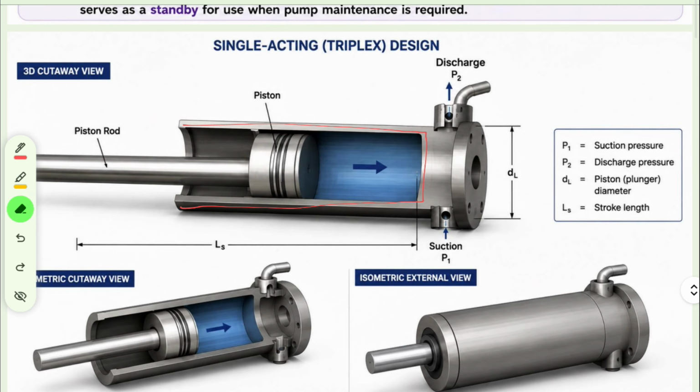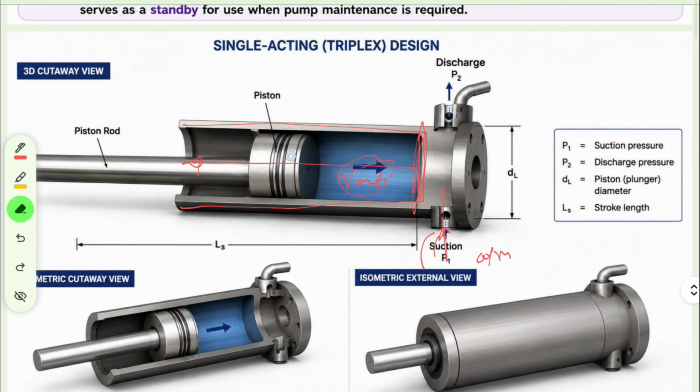When this piston, at this position I'm talking about here, is moving backward, what will happen is, due to the difference in pressure created between here, where it is atmospheric pressure, and here, where vacuum pressure is created, the fluid starts entering inside the cylinder.